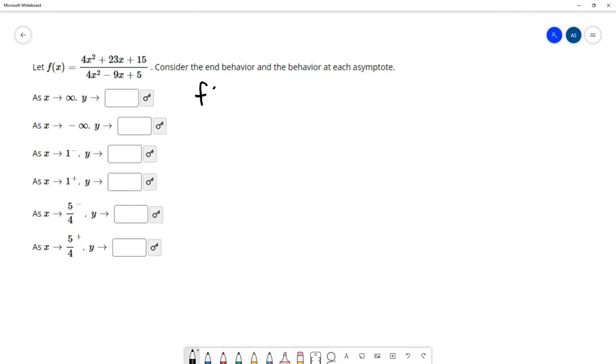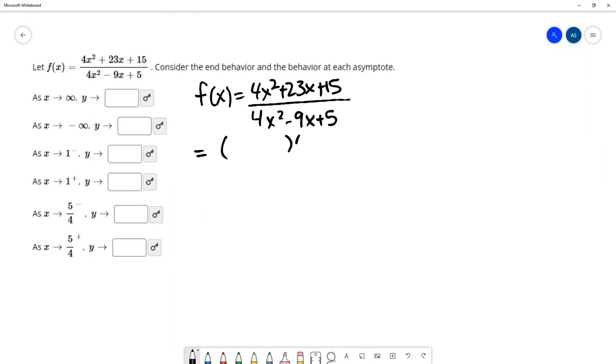I've got my rational function f of x equals 4x squared plus 23x plus 15 over 4x squared minus 9x plus 5. And let's try factoring. So for the numerator, 4x squared plus 23x plus 15, I'm going to try 2x and 2x.